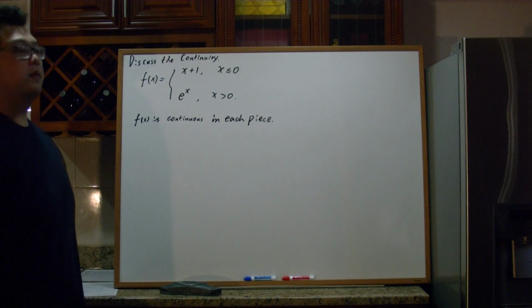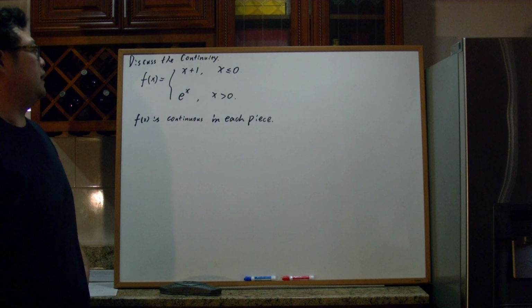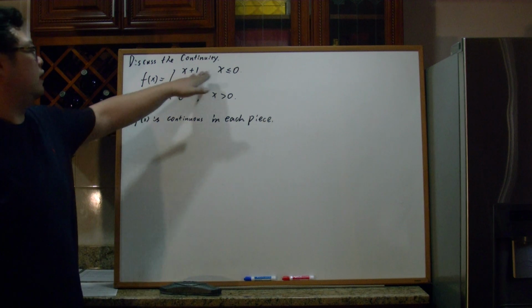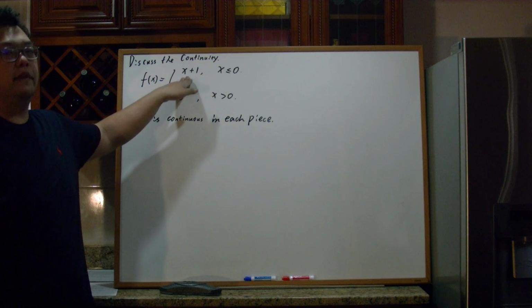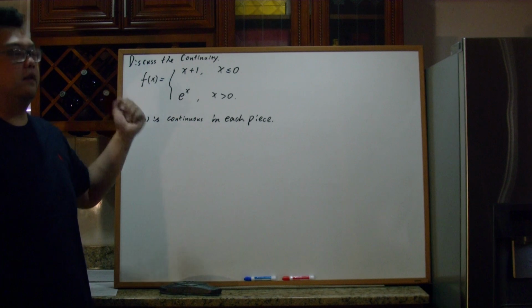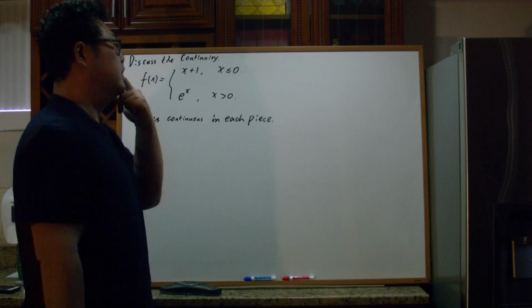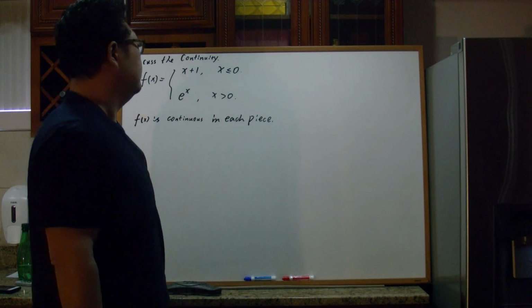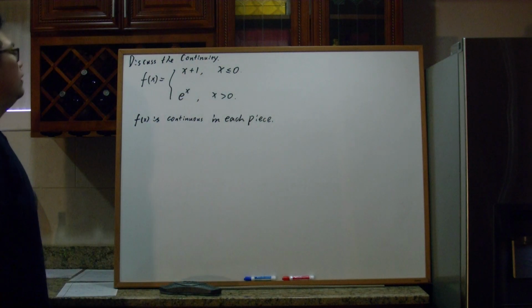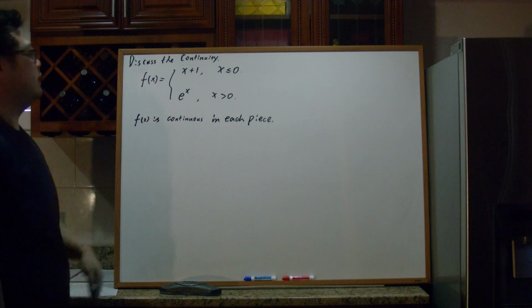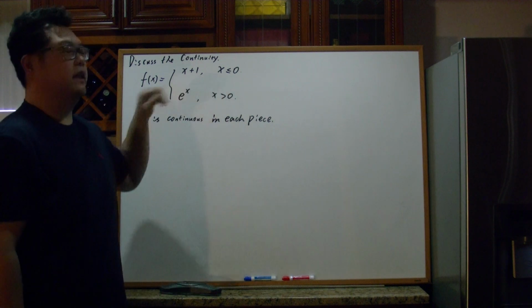Even though it's a piecewise function, it's continuous in each piece, since we have a line and an exponential function. They are continuous inside their domain, and especially inside their defined interval.